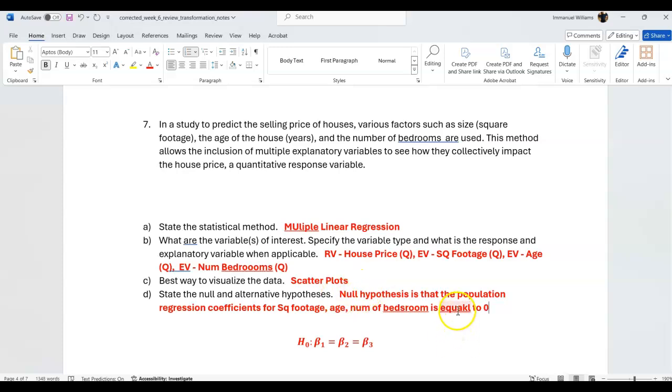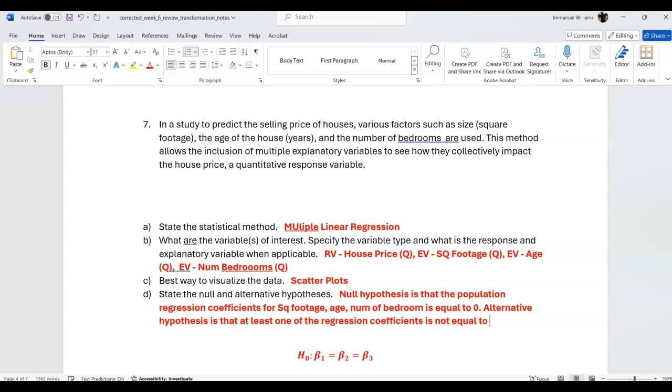Whereas the alternative hypothesis is that at least one of the regression coefficients is not equal to 0.